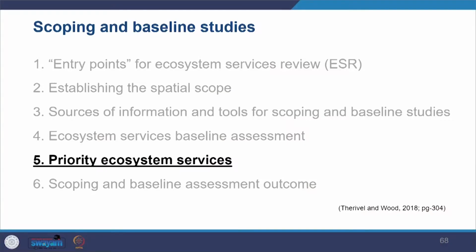Now, we will look at how to identify priority ecosystem services. You may find it challenging to address project impact on all ecosystem services and beneficiaries within the time frame. You saw how complex things are, and you have a certain time frame in which you have to execute the work. Therefore, you may be required to focus on priority ecosystem services.